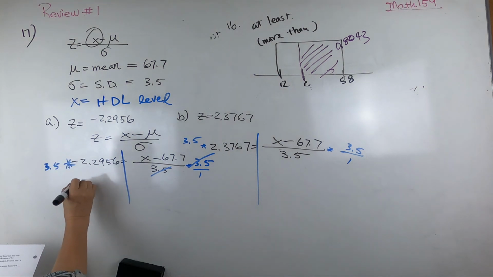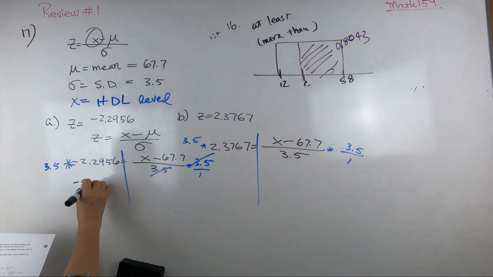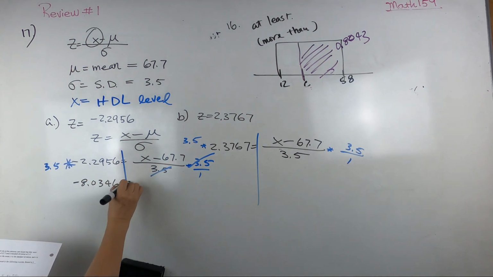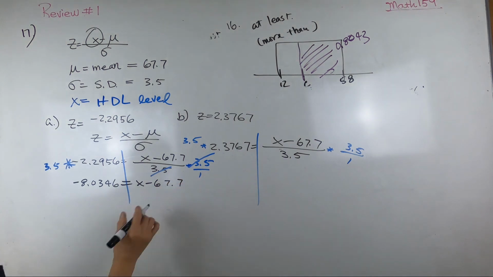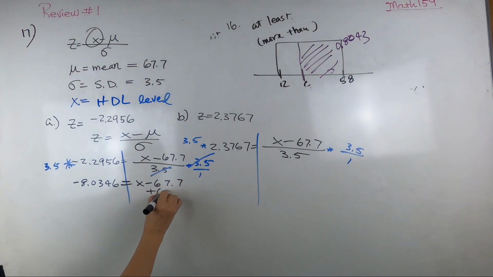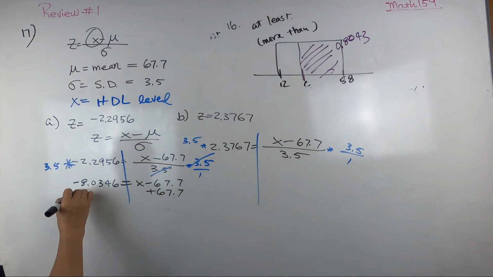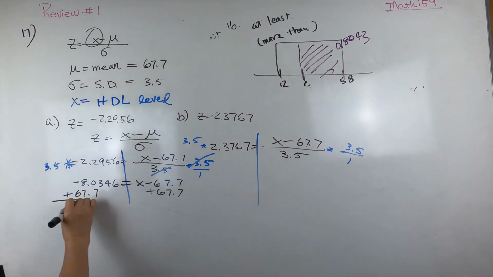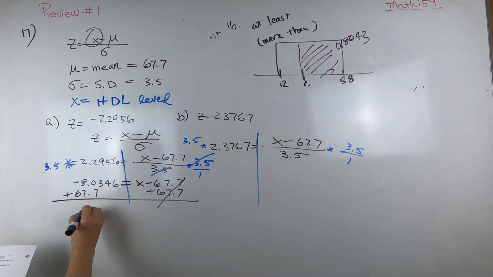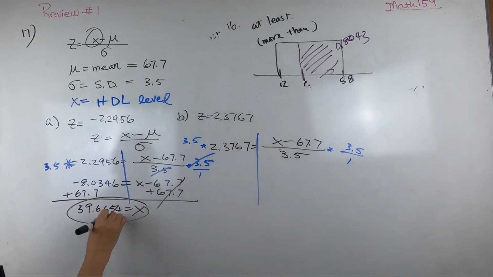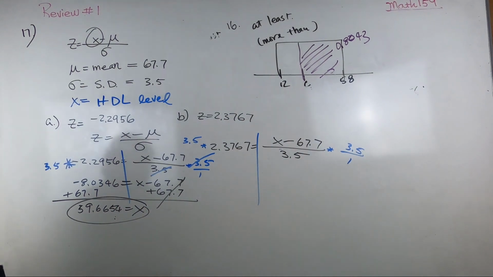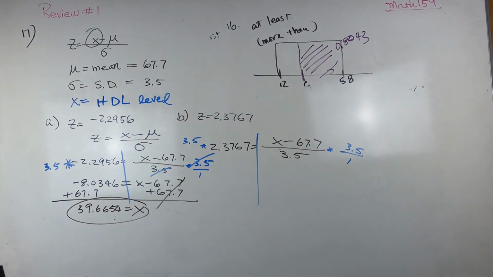So I should have negative 8.0346 equals X minus this, right? To get X by itself, you plus 67.7, right? Use calculator. Then we should have 59.6654 equals X. So first one, you should have this answer, right?